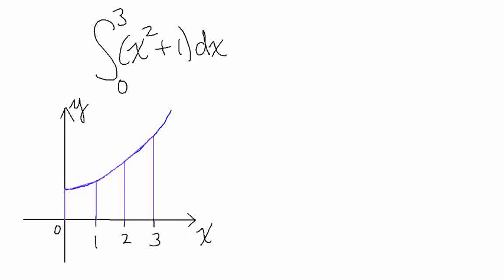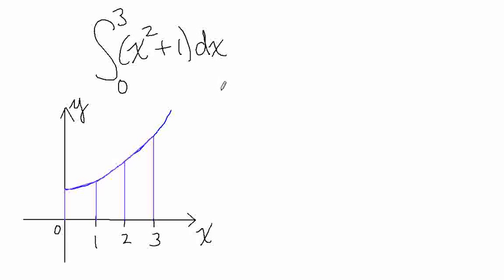Okay, and so I'm going to take advantage of the fact that the sum of the areas for the 3 trapezoids corresponds to the average of what I would get by using the left and right side rectangle approximation methods.